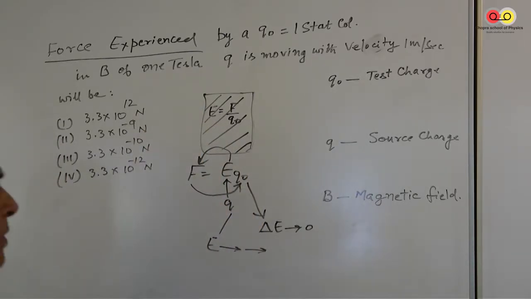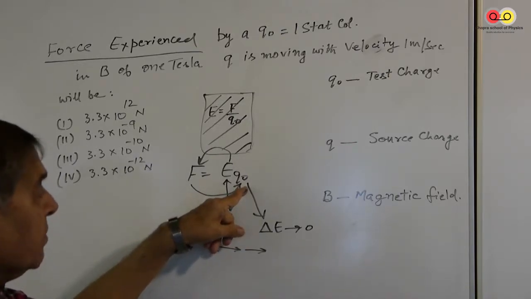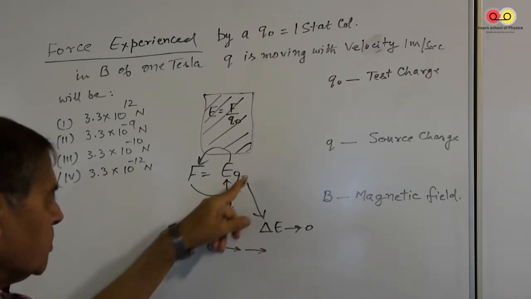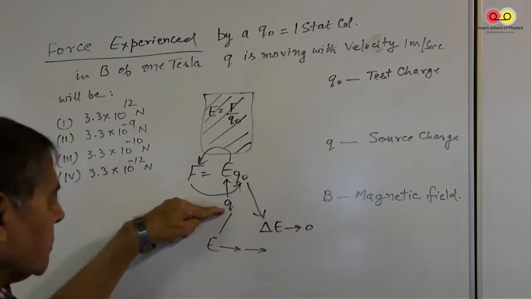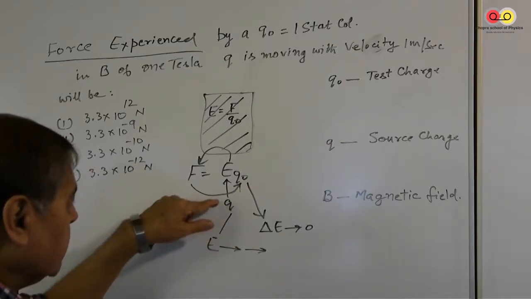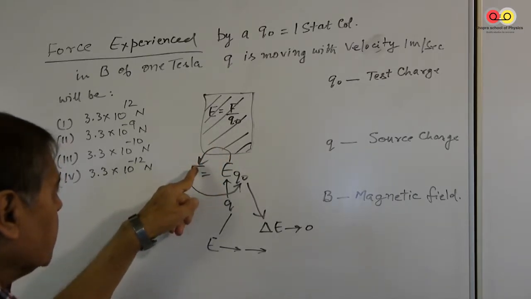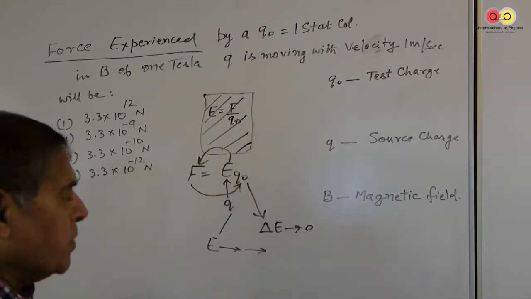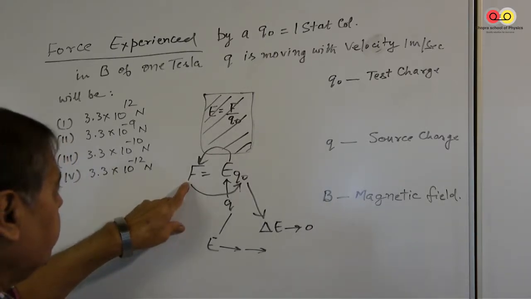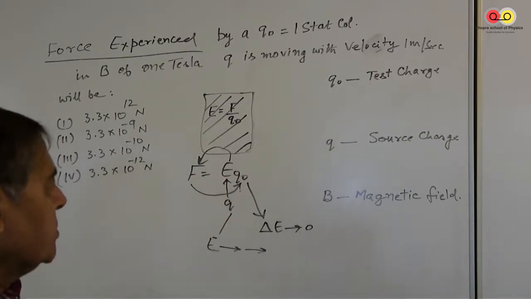So the point to remember, test charges have no field of their own. Even if their field is there, it is negligibly small, so it is not interfering. Source charge is that which has significant field, and its tendency is to generate electric field. Electric field will exert force, and force will be experienced by test charge. So you will always remember, force due to electric field is EQ naught.